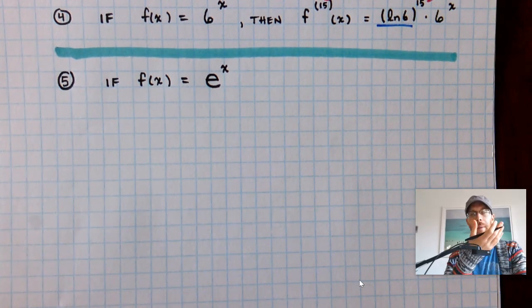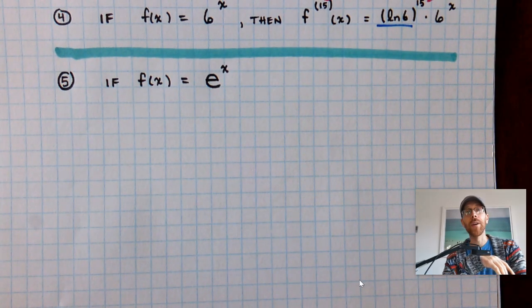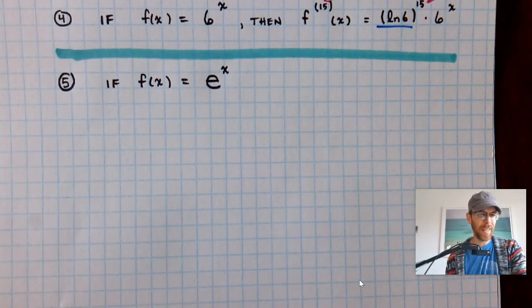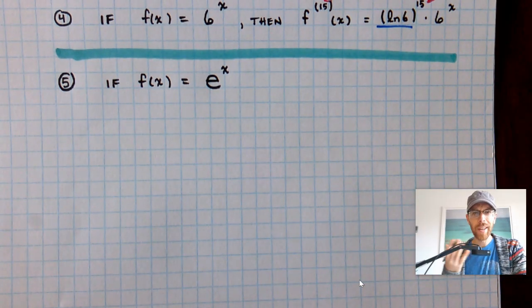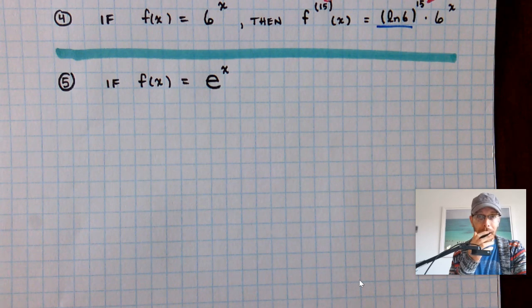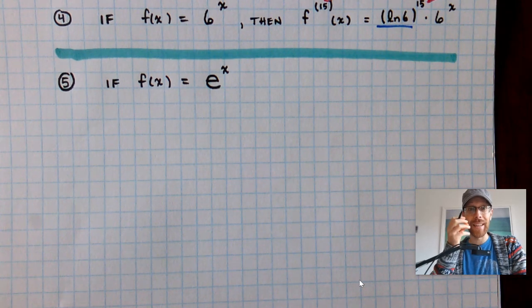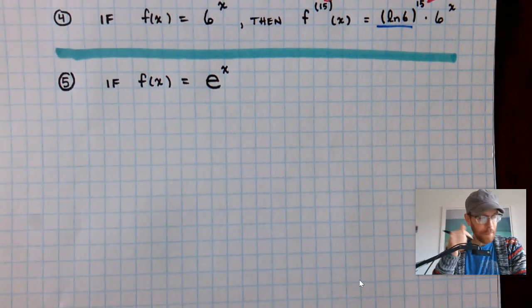Remember when you first heard about e to the x? You were sitting in Algebra 2, it was a couple years ago, and your teacher told you that e was a base, and you said, what's this trash, right? Here's the answer to that question. Here's the reason that we talk about e like it's a number, that we care about it.